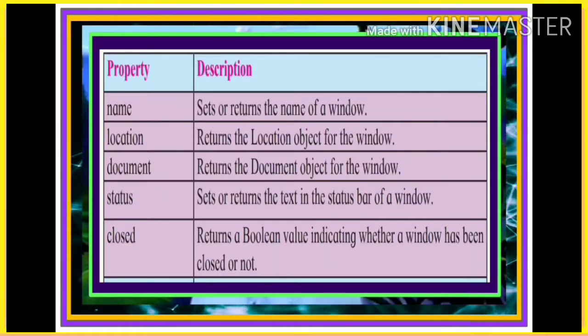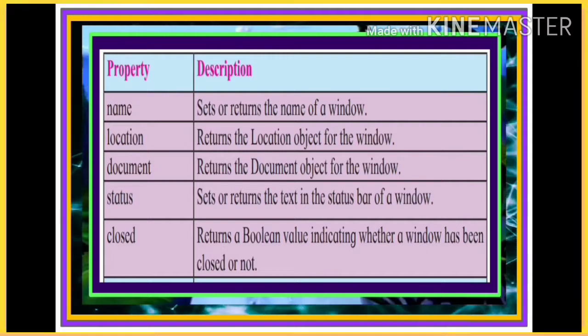Let's see the properties of window object. First property is name property. It sets or returns the name of a window. Next is location property. Location property returns the location object for the window. Third property is document. It returns the document object for the window.